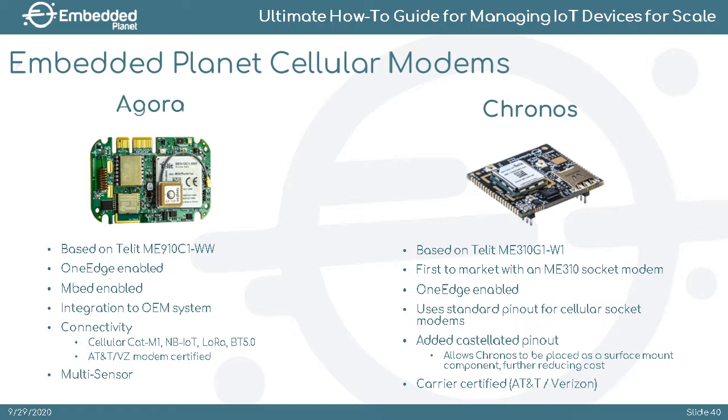And then Kronos, this is the first to market based on the ME310, OneEdge enabled. What we did a little different is we added castellated edges so it can be soldered down onto the board. As well, it comes in an orderable part number with your dual 10-pin headers.